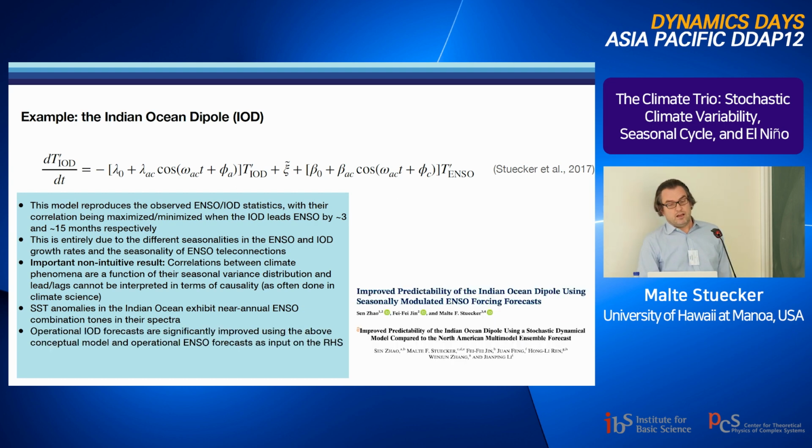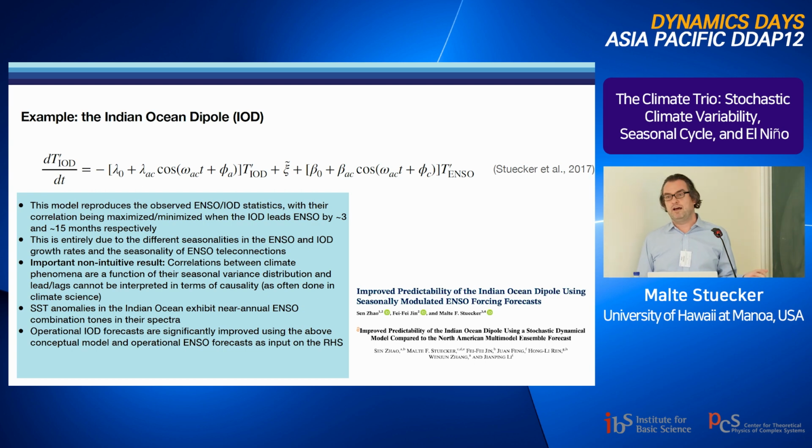Now, this is interesting to understand the physics of the system, but it is also important. We have actually shown in 2 papers that we can beat operational IOD forecasts, which are of critical importance, using this simple model. We can derive all those coefficients empirically from the data and from physical considerations, and then plug in on the right-hand side the model predictions from the seasonal forecast systems for ENSO, and predict the IOD based on that.